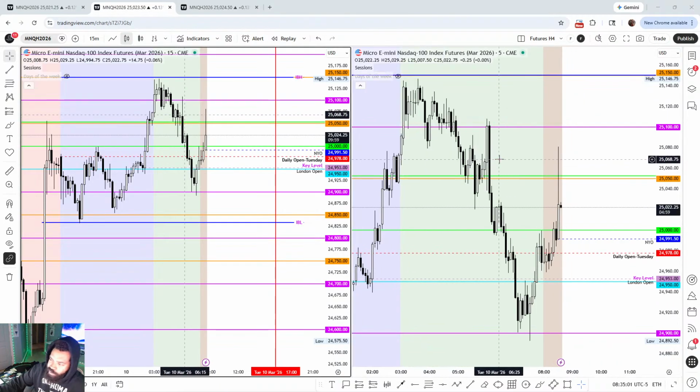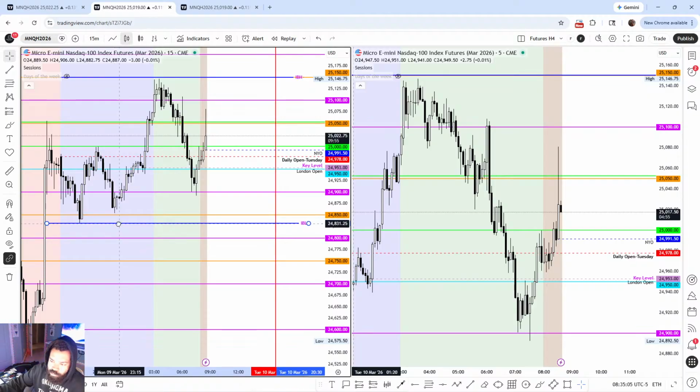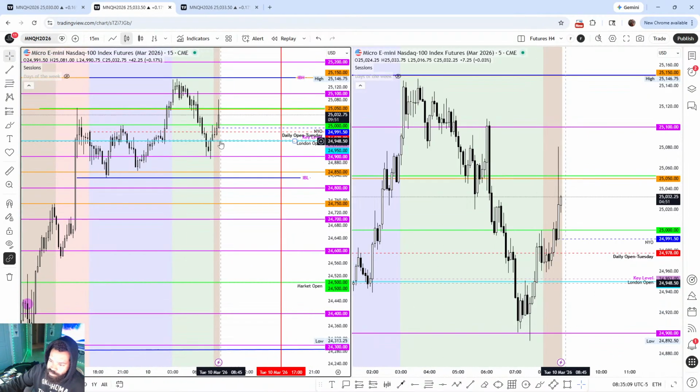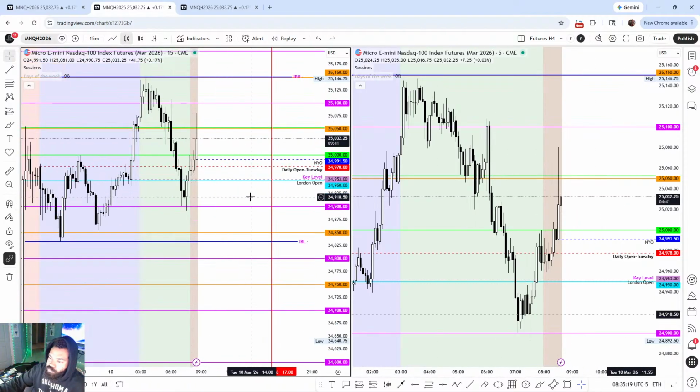I do like that 5 minute rejection away from supply with the overnight liquidity available, but like I said, I'm gonna be patient because one of the things I want to see possibly is if they do roll over this high, that when they do, shorts will begin to cover somewhere, I think in 24.5 or 700s. And so, be patient here.